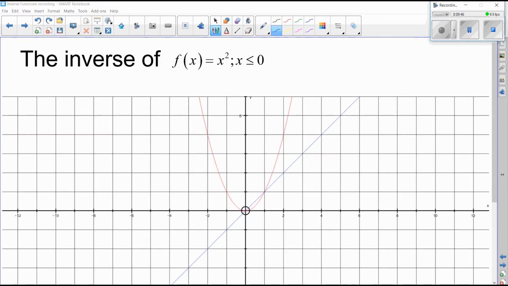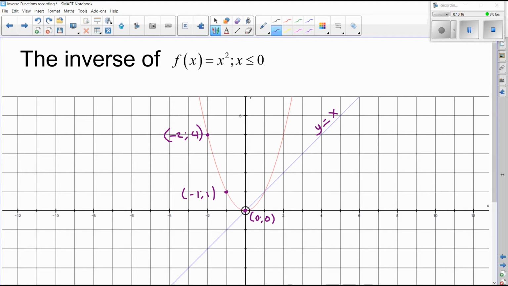So now we're going to look at the inverse of f of x equals x squared for x less than or equal to 0. So once again, I'm going to consider the point 0, 0. I'm now going to look at the point when x is negative 1 and y is 1, and I have the point when x is negative 2, y is 4. Let's reflect each of these points in the line y equals x, which is my axis of symmetry.